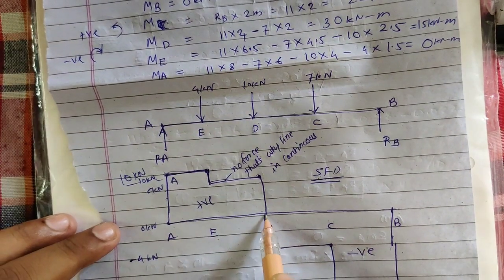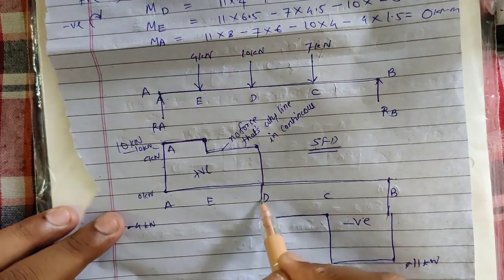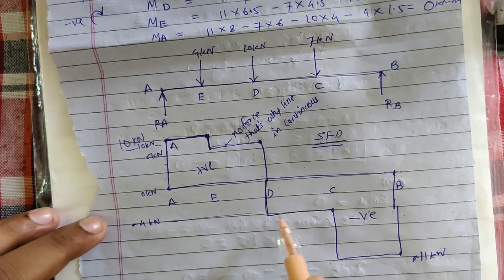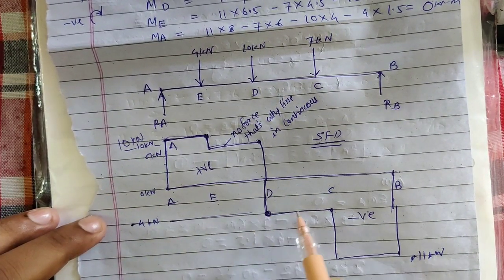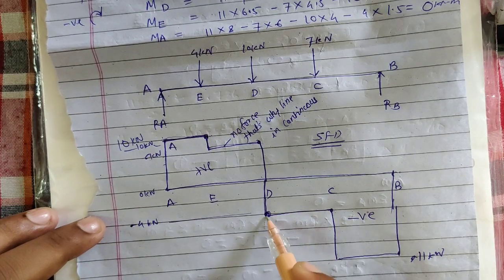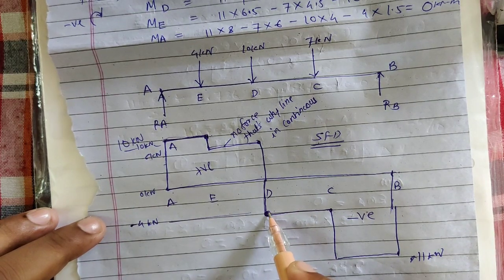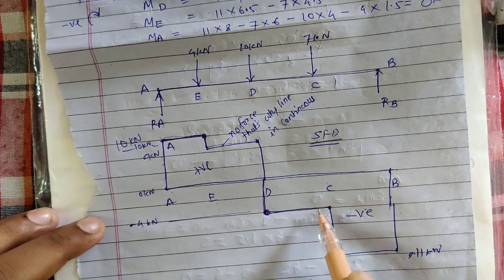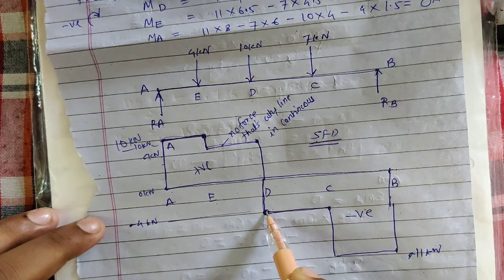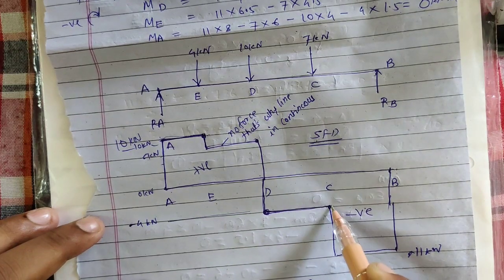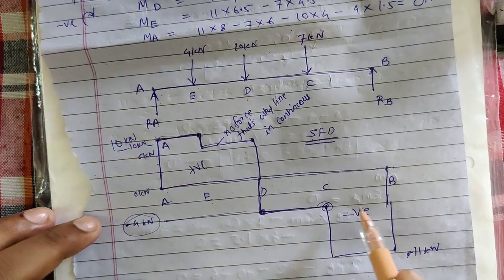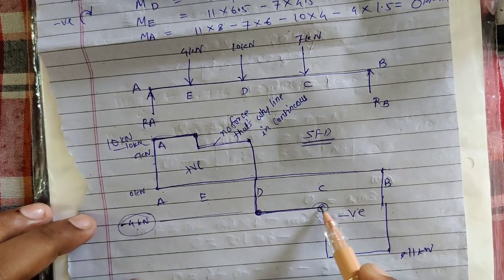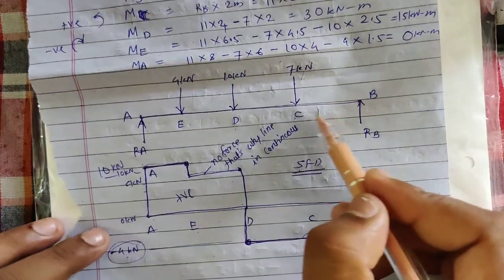So from D we go downward up to minus 4 kilonewton. From D to C there is no force, so the line is continuous, and the C value will be minus 4 kilonewton.